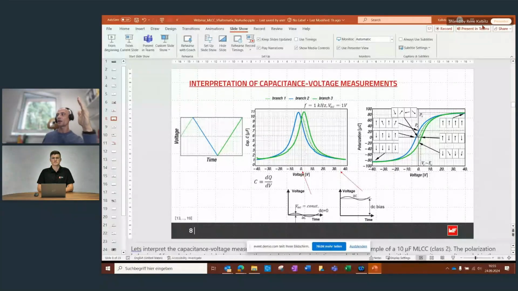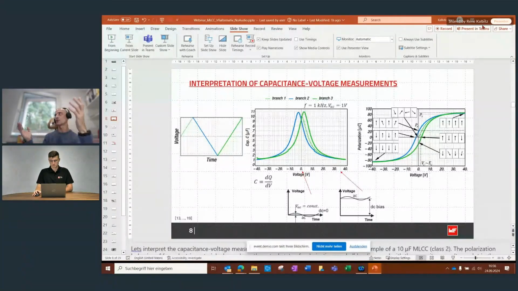So you know at what DC voltage level you want to operate. You look up the DC effect, so the capacitance decrease, and you oversize accordingly. And this is it. It's always the same, no matter what. I mean, very often you are not able to reduce the voltage level of your application.